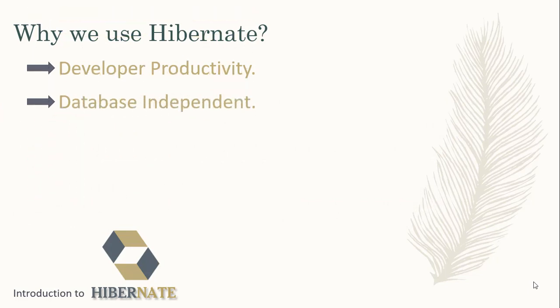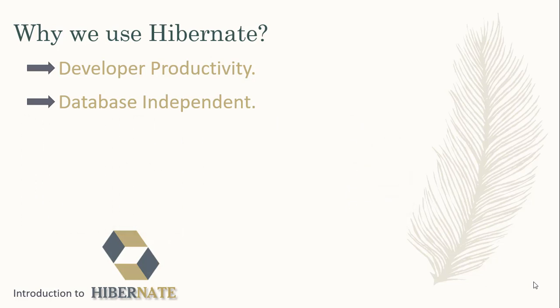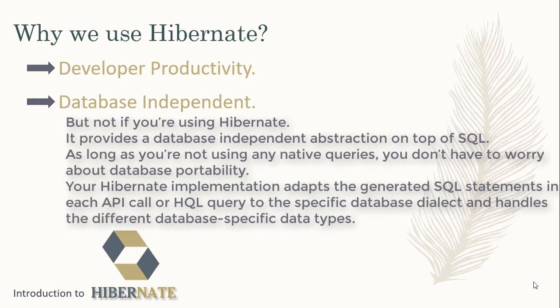Another thing is database independence. If you try to use the same code with different databases, you quickly run into issues caused by different SQL dialects. SQL is a standard language to interact with a database, but each database uses a slightly different dialect. This becomes a huge issue if your statements have to run on different databases, but not if you are using Hibernate.